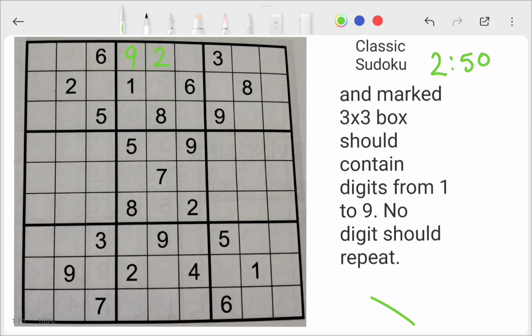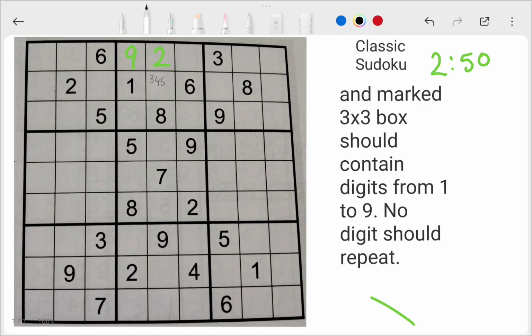Now let's do some more pencil markings. Let's write all the possible candidates in this cell. This is 3, 4 and 5. Okay, here we got the 3, 4, 5.